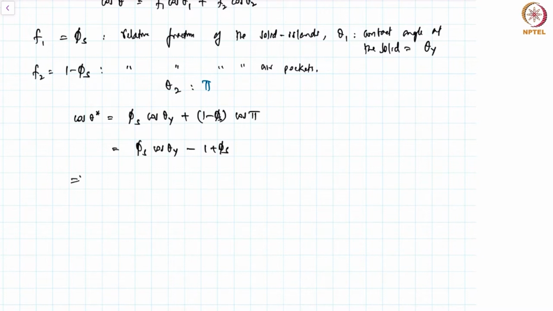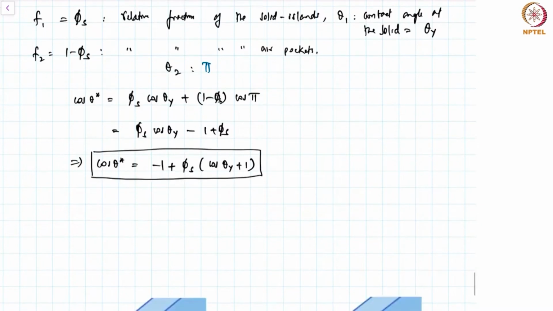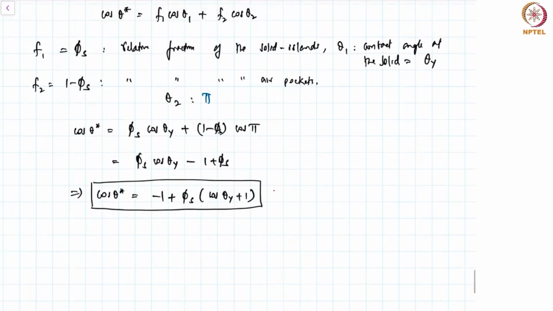And I simply get cosine theta star equals phi s times (cosine theta y plus 1) minus 1. This is the Cassie-Baxter model with air pockets. Right?